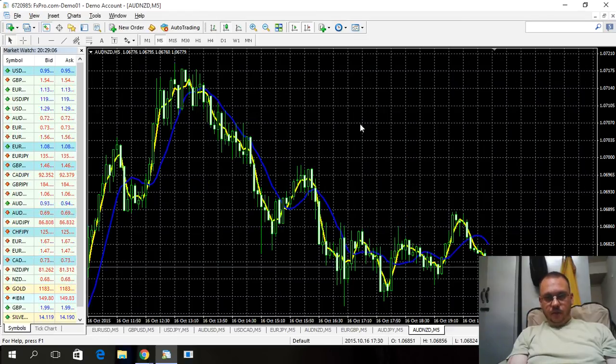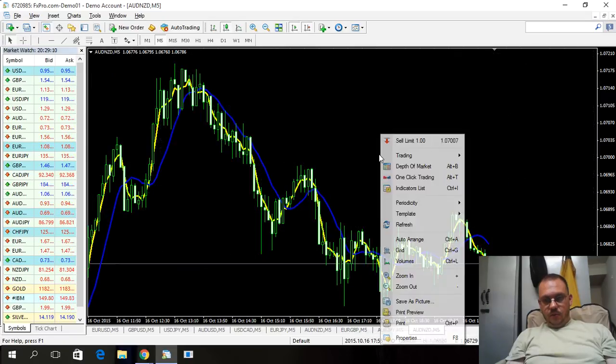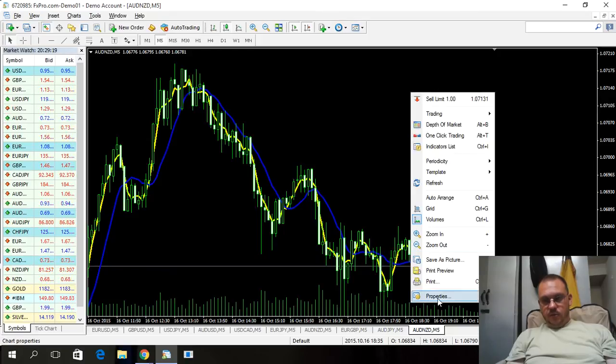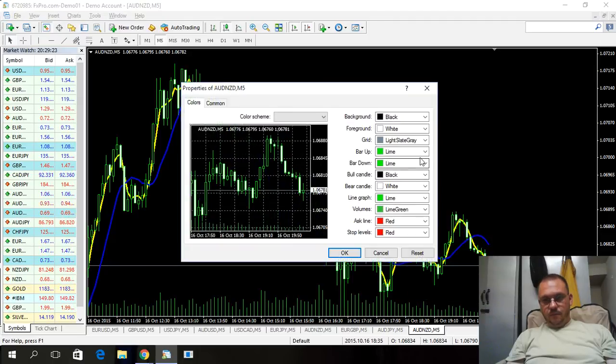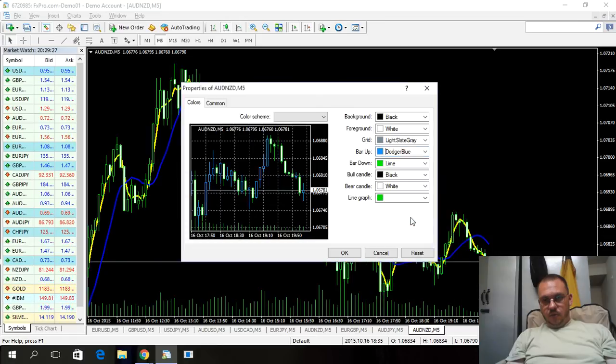And then what I like to do is turn off the grid so it looks a little bit cleaner. Turn the volume indicator on, always like that. And I'm going to change the colors of the bars up and down. Usually just Dodger blue for a bar up.